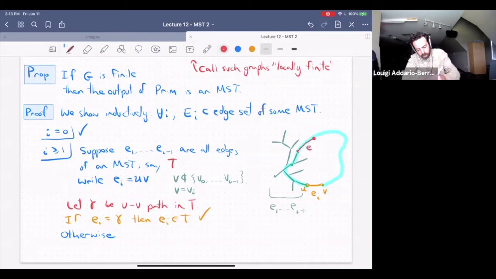So otherwise, there's an edge E of gamma, which connects the first vertices, v_0 up to v_{i-1}, to the rest of the graph.